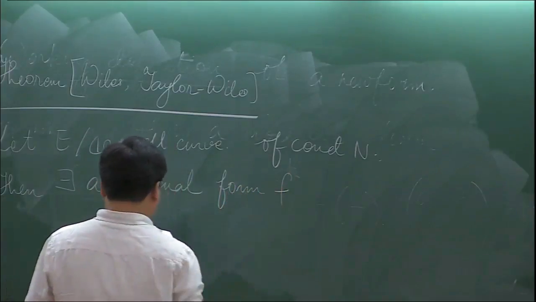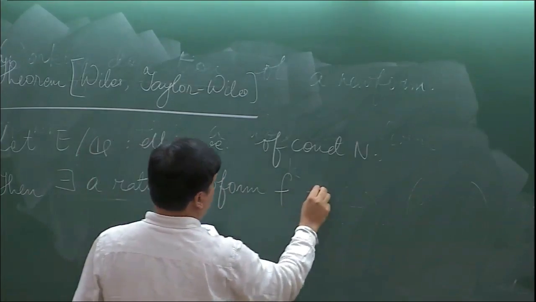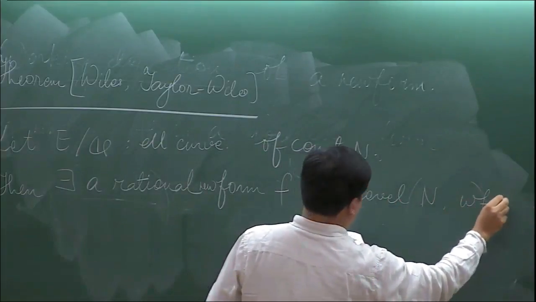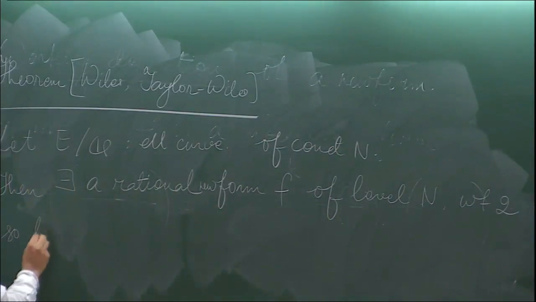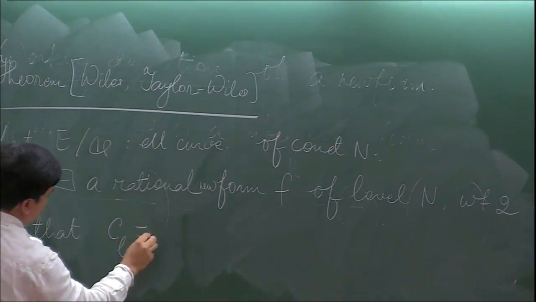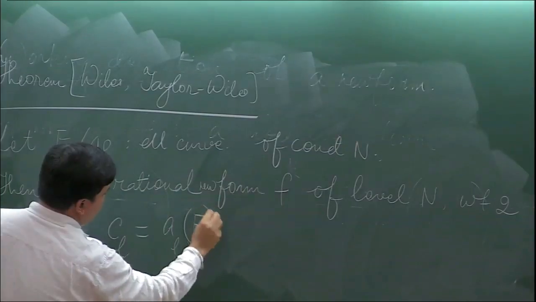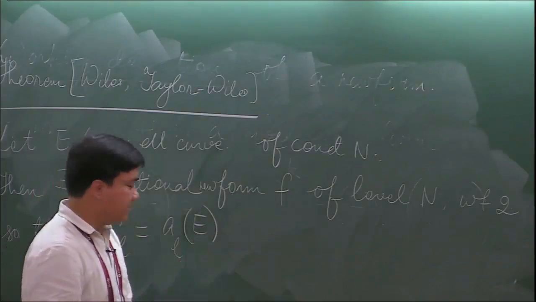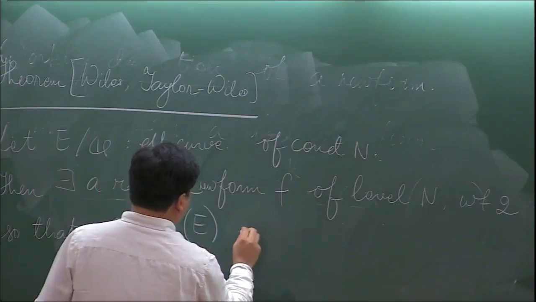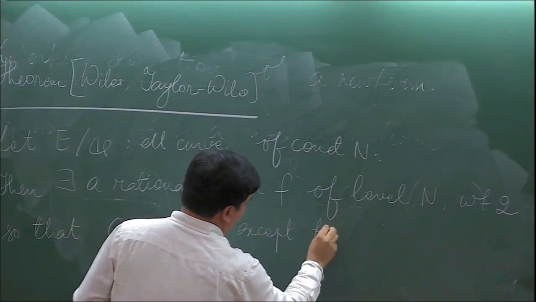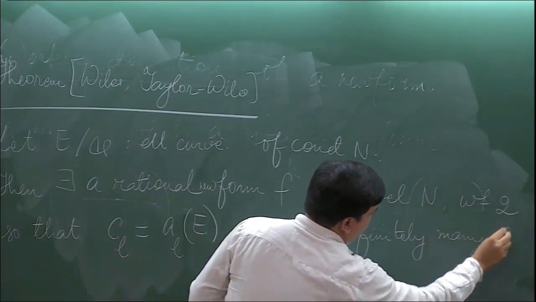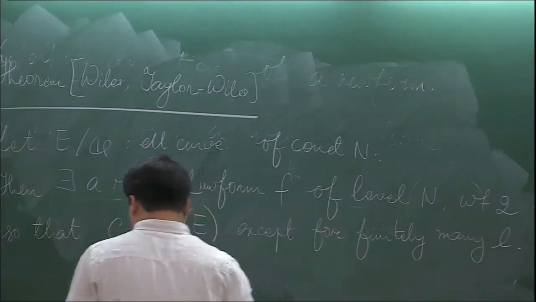This is actually a new form F of level N and weight 2, so that C_l equals a_l of E. This number a_l of E is 1 plus l minus the number of points in the finite field F_l, except for finitely many l. Okay, yeah, so this is the theorem, and the converse is also true.